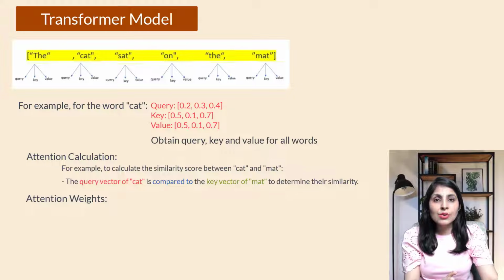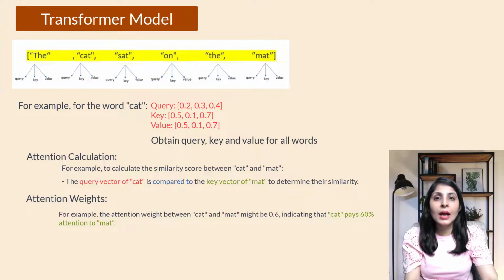After that we have attention weights. The similarity scores are transformed into attention weights using a mathematical operation called softmax. For example, the attention weight between cat and mat might be 0.6, indicating that cat pays 60% attention to mat based on their relationship. Now the weighted sum: the attention weights are used to compute a weighted sum of the value vectors.